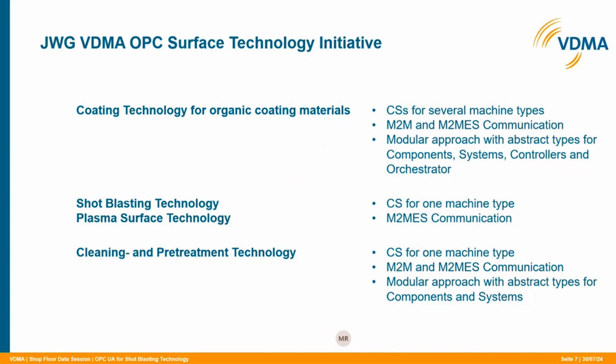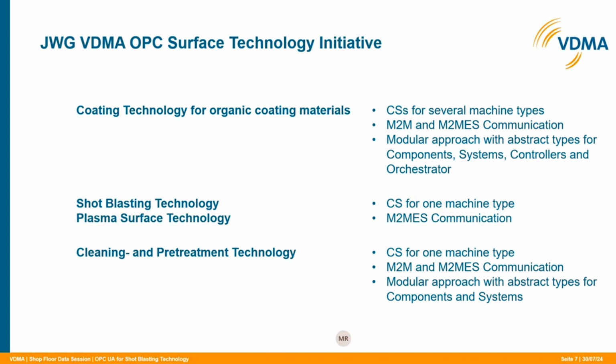So we have a specific modular approach that all the information models will be comparable with abstract types for components and systems and so on. That's the big topic in coating technology for organic coating materials.